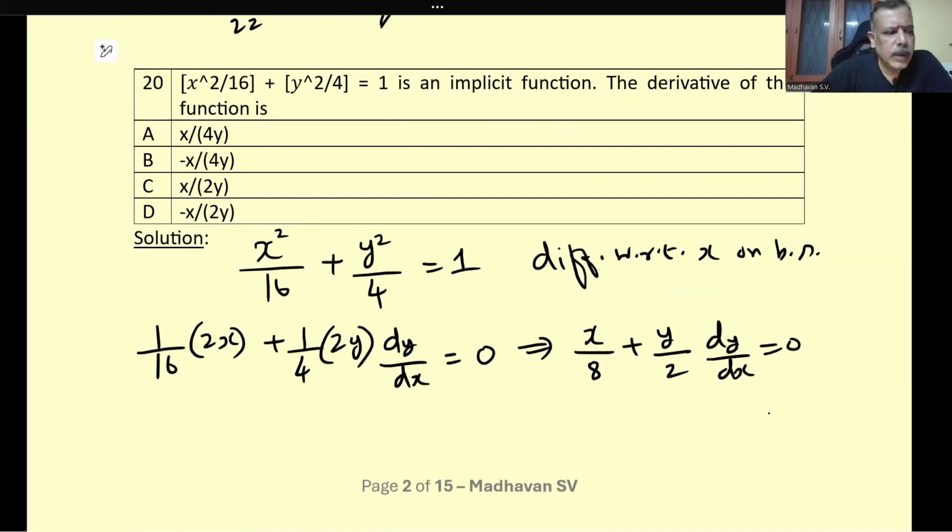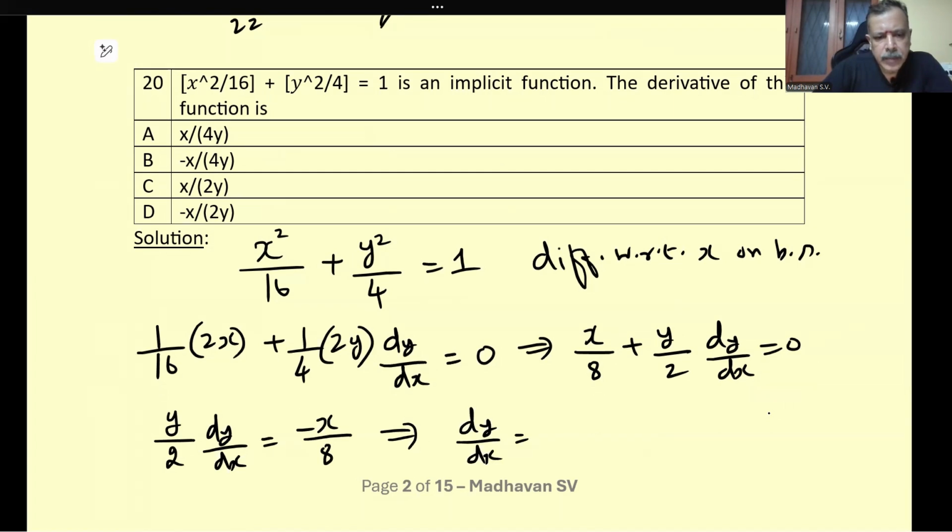So we will keep y by 2 dy by dx equal to minus x by 8, which means our dy by dx will be, this y by 2, if it comes to the right side, it will become the reciprocal, that means 2 by y, multiplied by minus x by 8.